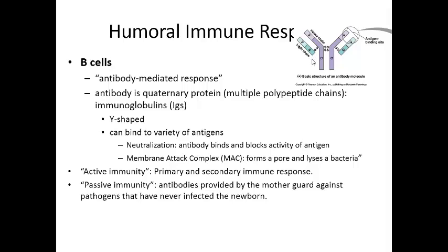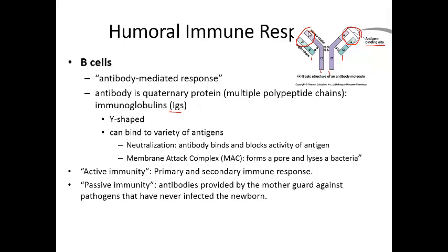The antibody, which is also called an immunoglobulin, or Ig, has 4 subunits, and they create this Y-shaped protein. 2 of the subunits are called light chains, and 2 are called heavy chains. Where the light chain and the heavy chain meet, we have our antigen binding site. So each antibody is going to contain 2 antigen binding sites.